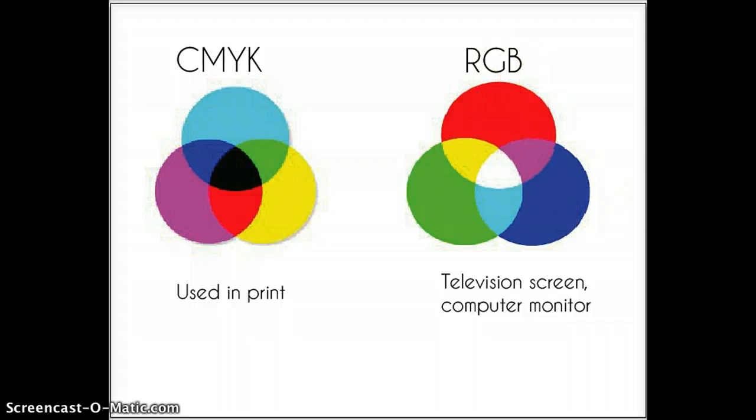Second, RGB is red, green, and blue. These are the three primary colors of the system, and it's produced with light and is used mostly on television screens, computer screens, and pretty much any type of screen. So CMYK is used in print, RGB is used in TV screens and any type of screen.